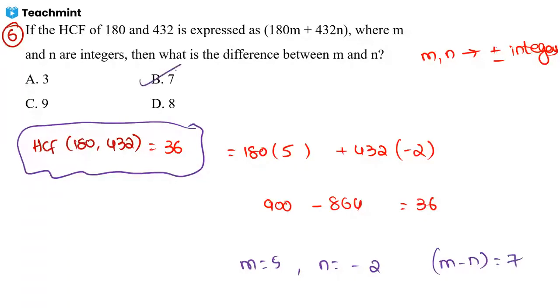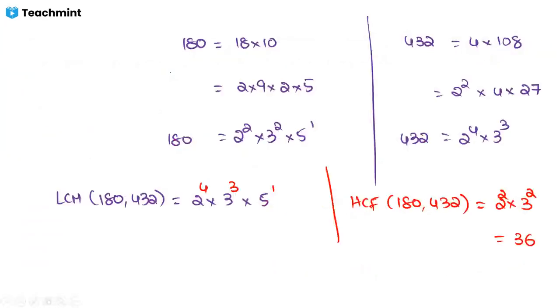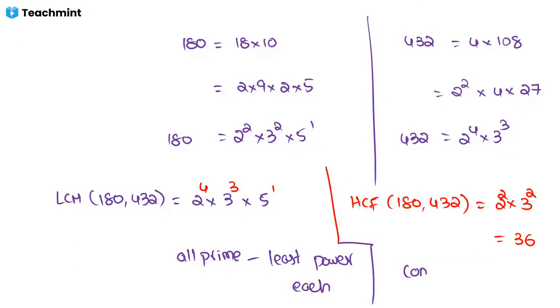But how to do LCM or HCF? Here we are going to understand one important thing. For LCM, all prime numbers you have to write, with the highest power of each. This method will work for every number. Whereas for HCF, you have to write only the common primes, and we have to take the least power of each one. Sorry, for LCM it is highest.